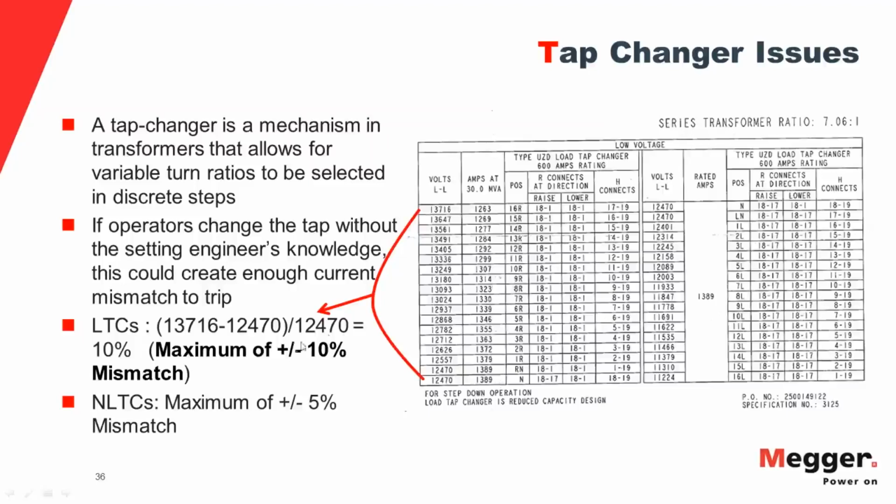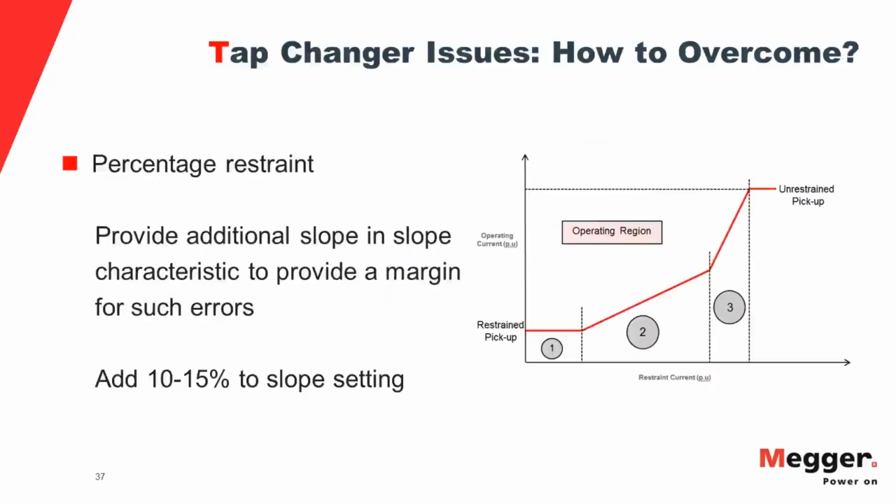The next challenge, which is one of the most important challenges faced by protection people, is CT saturation. So what happens when a CT saturates? When CT saturation occurs, the ratio error increases and the secondary current is no more linear to the primary current.